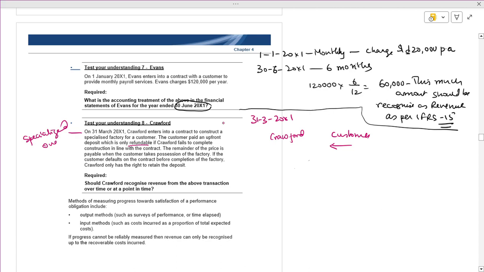If you have completed, then it is not refundable. If it is incomplete, then only it is refundable. Understand the point: if it is complete, it is not refundable.